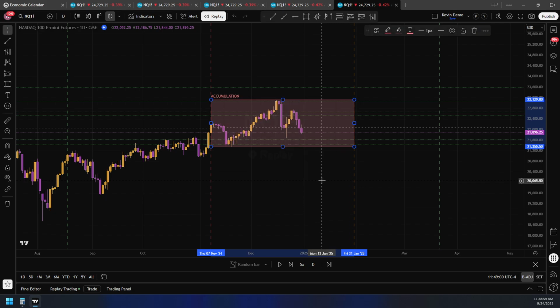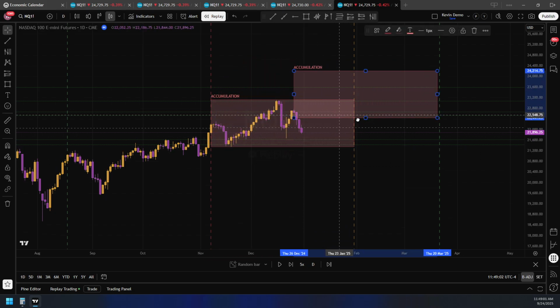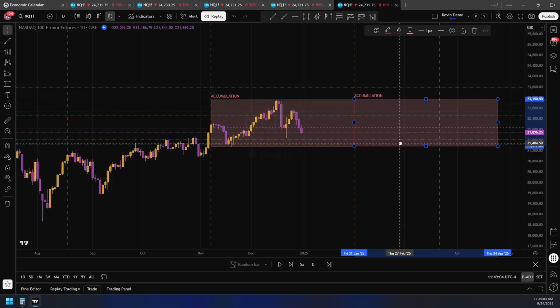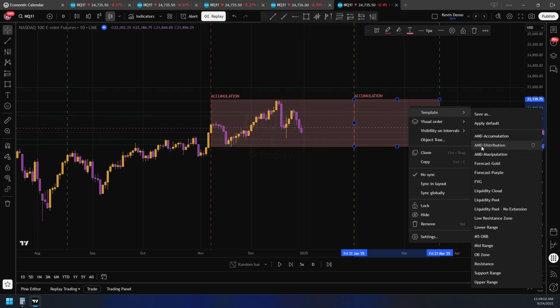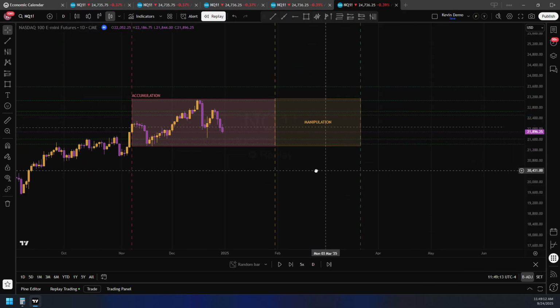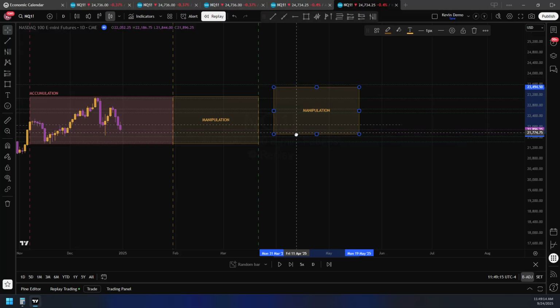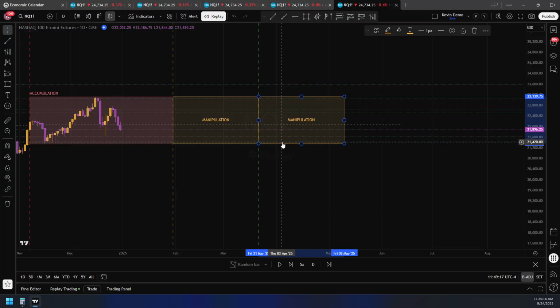Okay, there we go. All right, let's get another box. We'll put it over here. Bring it in here. Right click, template, manipulation. We'll get another box and put it over here. Right click, template, distribution.